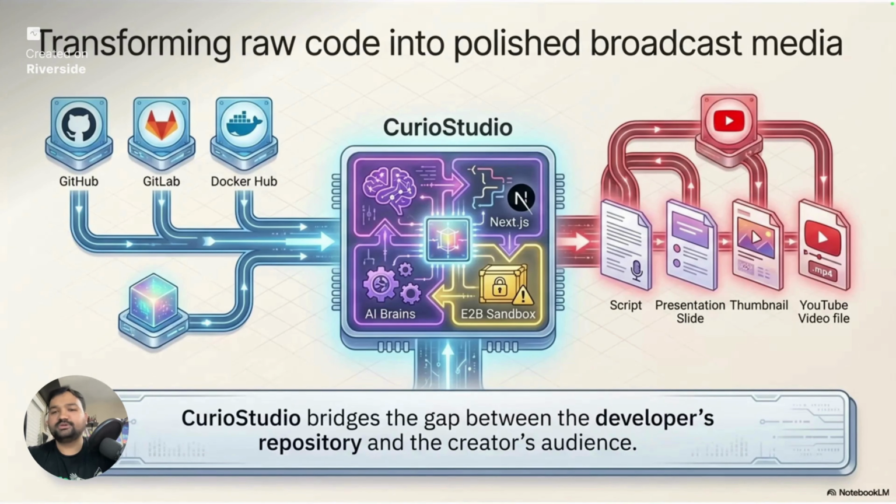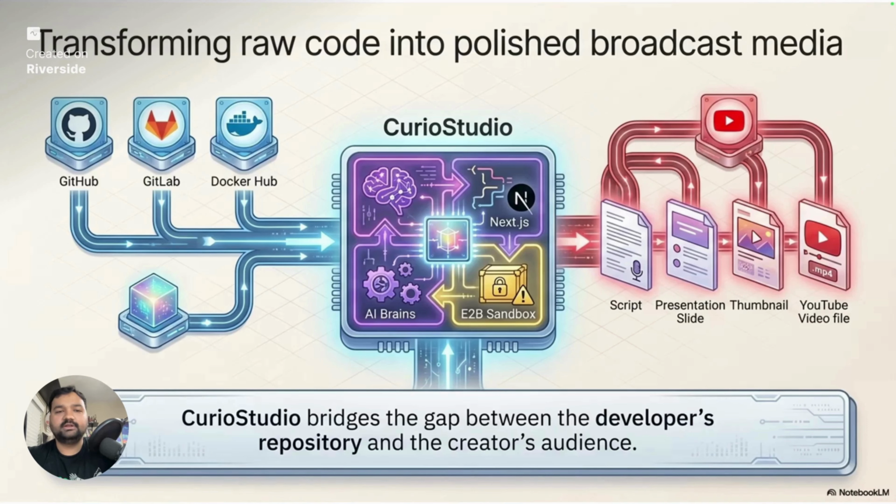So let's talk about the transformation of raw code into broadcast media. The main value of CurioStudio is transformation. A developer sees a repository, a creator sees a story. CurioStudio connects both. We can see on the slides the presentation slide, the thumbnail, the YouTube video file, and Docker, GitHub.